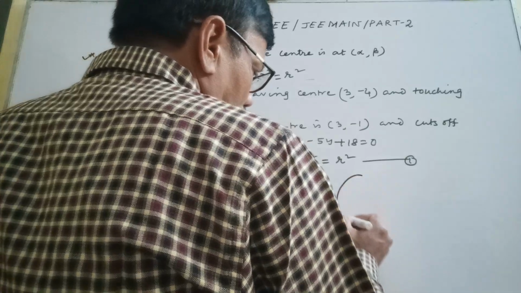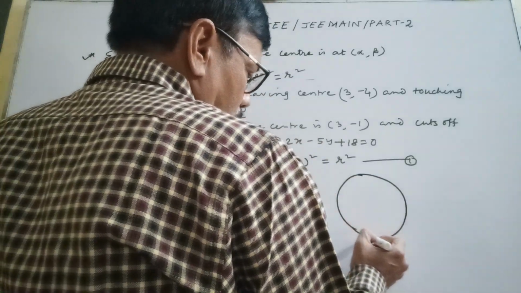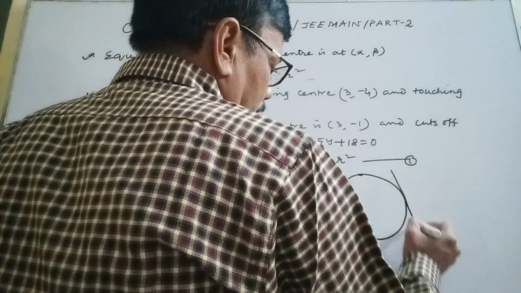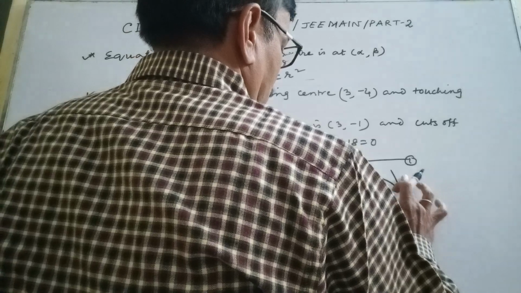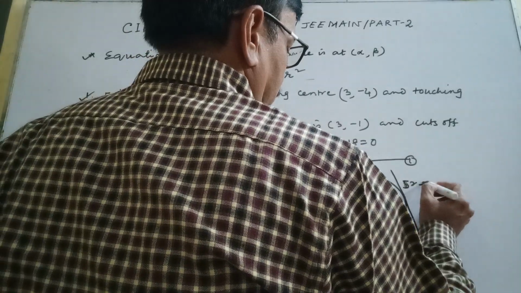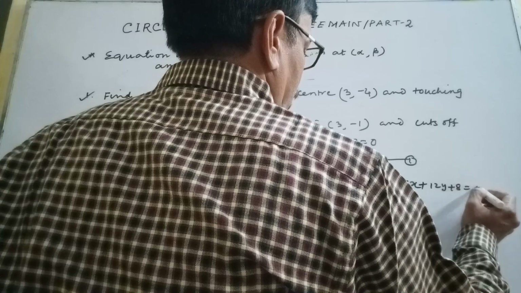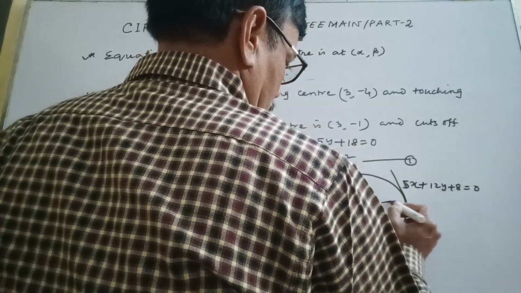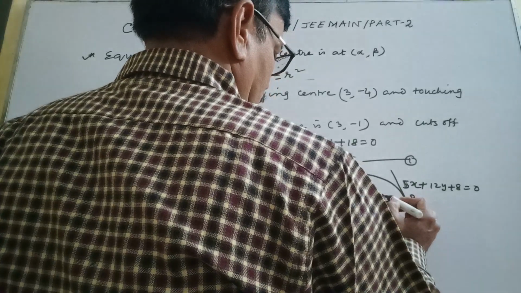So if we draw a rough sketch, now it is tangent 5x plus 12y plus 8 equals to 0. Now this is center, CP is radius.